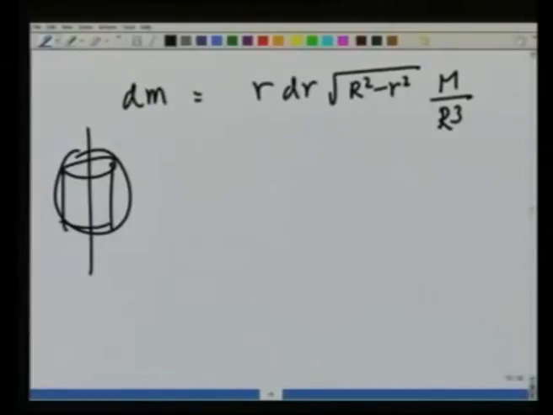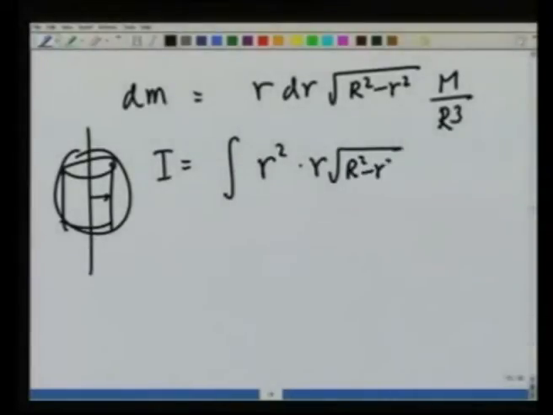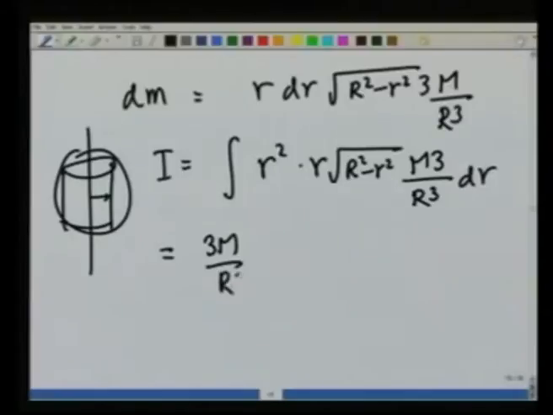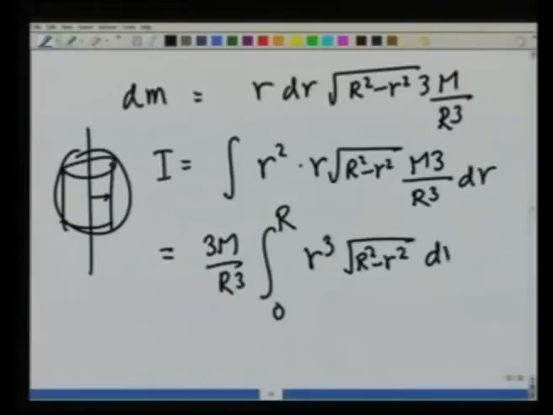This is a cylinder, and therefore, the moment of inertia of the sphere is going to be the perpendicular distance, it is like a ring, r square times 3 r square root of R square minus r square m over R cubed dr. So, this is equal to 3m over R cubed, r varies from 0 to R, r cubed square root of R square minus r square dr.